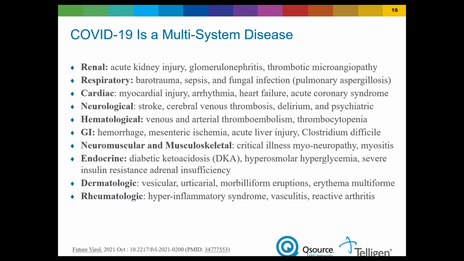Cardiac, myocardial injury, arrhythmias, heart failure, neurological strokes, again due to thrombotic complications, hematologic, venous and arterial thromboembolism and thrombocytopenia, GI hemorrhage, ischemia, multiple neurological and musculoskeletal impairments, DKA in diabetics and even in non-diabetics, numerous dermatological manifestations, and in rheumatology, vasculitis and reactive arthritis.